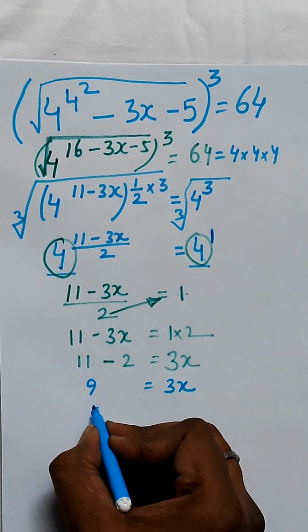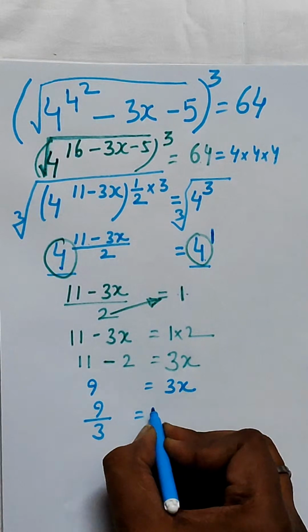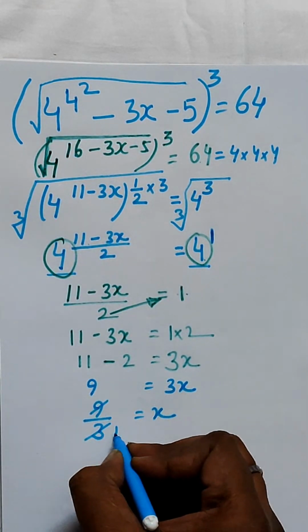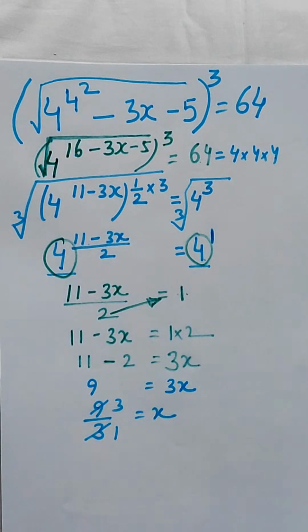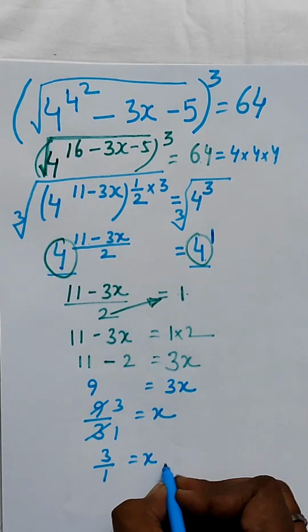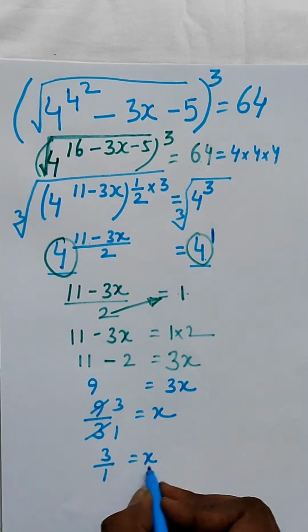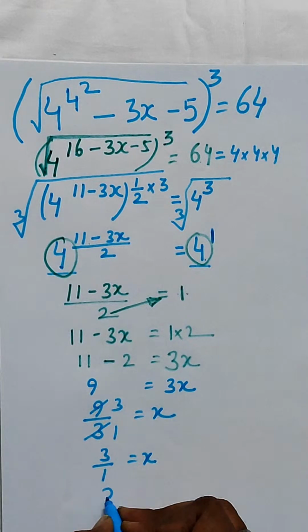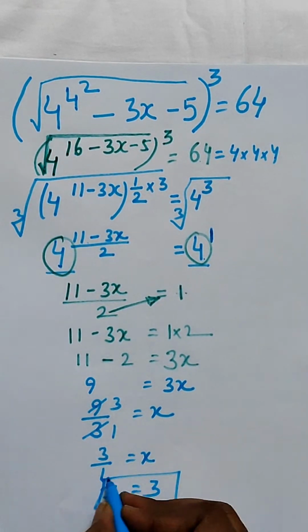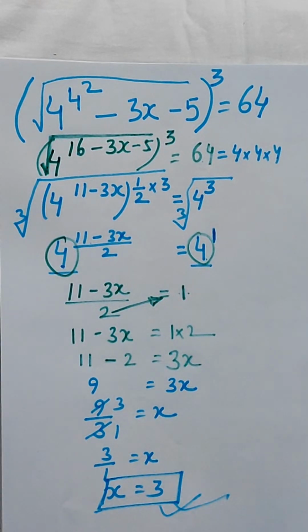So x will be coming as 9 by 3. So just cut, 3 threes are 9, in the table of 3, 9 is coming on the third place. So it will be coming as 3 by 1 is equal to x, or x equal to 3. Right? This is the answer of this question.